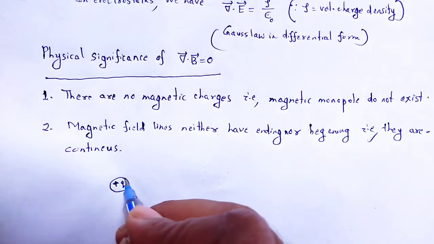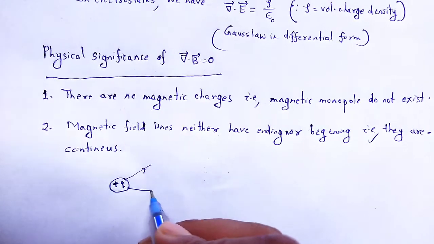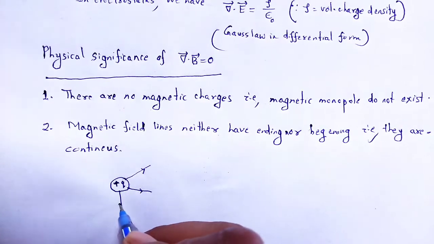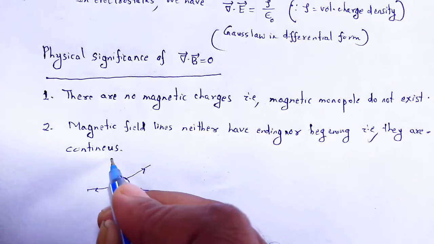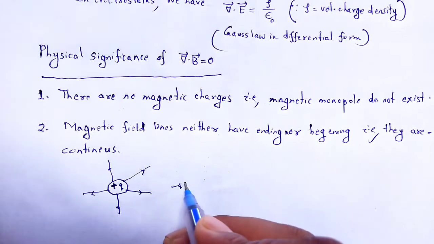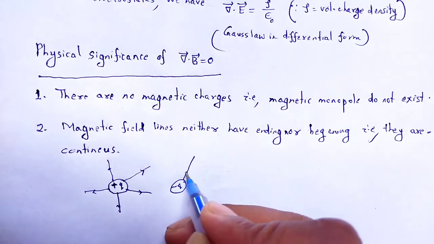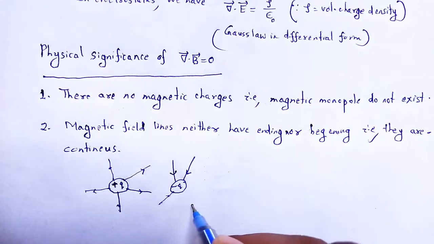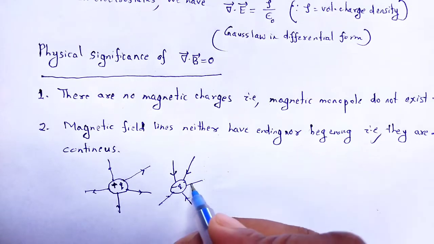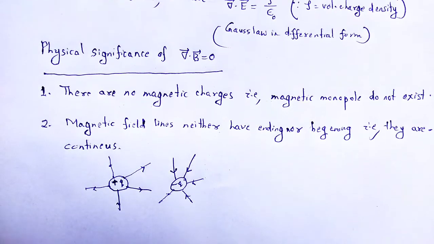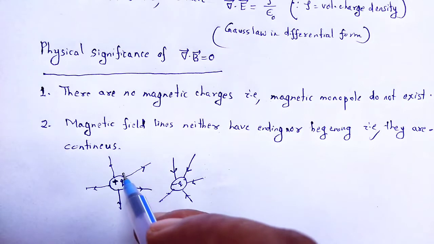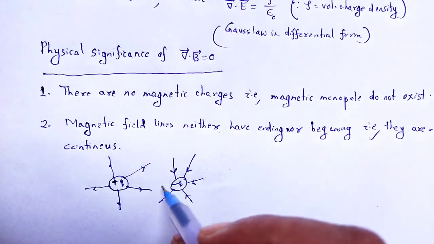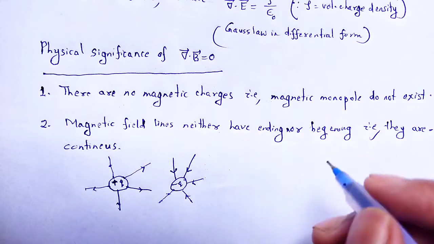For charge, the electric field lines are inwards. Here the electric field lines go towards that electric charge. The field lines here are outward. In this case, the field lines are inward.